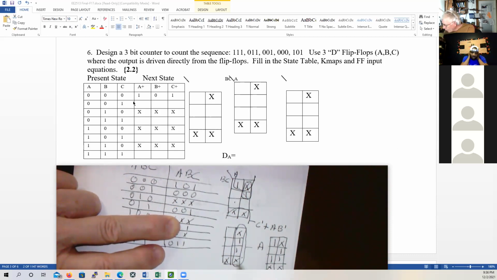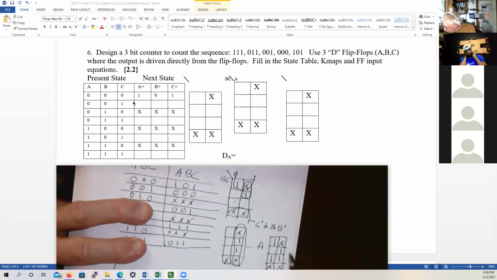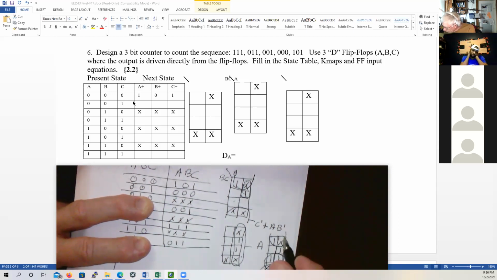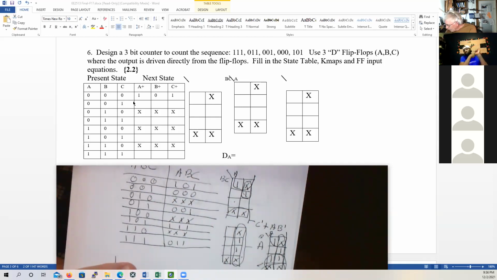Remember, the don't cares should always be in the same places, at least when they're in the same rows. So this looks pretty good. We get this, this, and this. So that's A, B, C. So this is B plus A plus C prime. So A plus C prime.